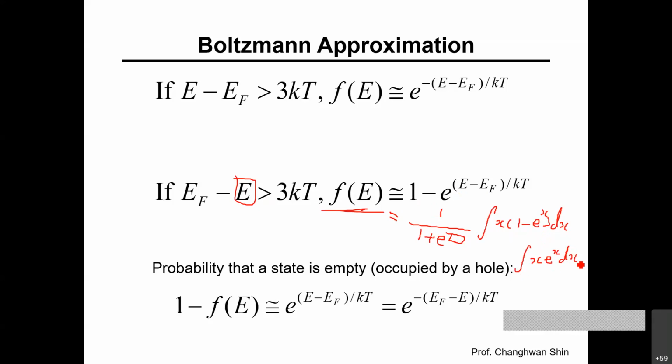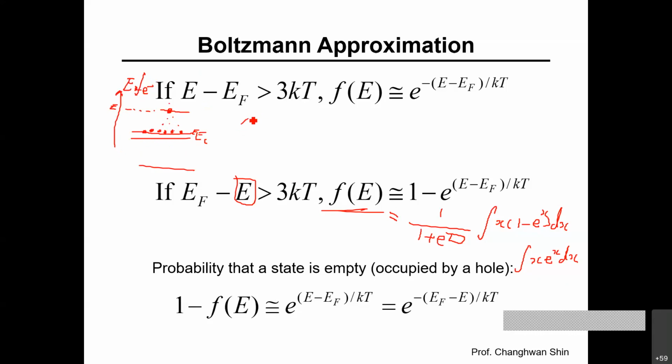Okay, so in that sense, the Boltzmann approximation is very strong, and we're definitely going to use it when we are estimating how the electrons in the conduction band are distributed as a function of the energy of the electron. So in the energy band diagram, how many electrons can be found at this specific energy level? How many electrons are available at this specific energy level? This is the question.